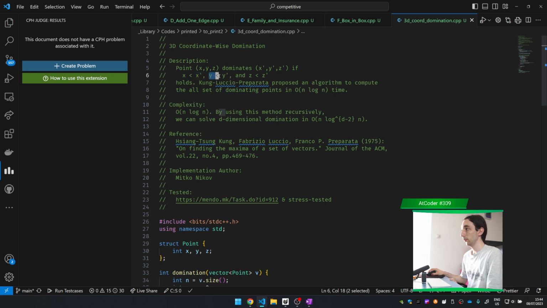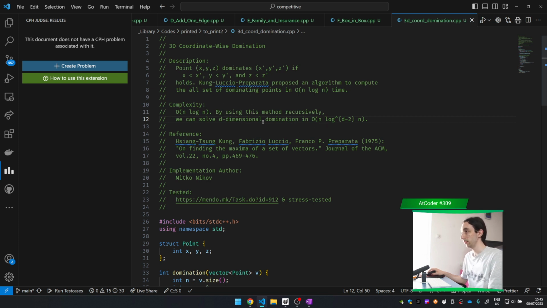If for all of these it holds that x is smaller than x prime, y is smaller than y prime, and z smaller than z prime. And this guy comes up and proposes an algorithm to compute all sets of dominating points in n log n time. By using this method recursively, we can solve d-dimensional domination in n log^(d-2) n. So this is some kind of divide and conquer approach that he proposes.